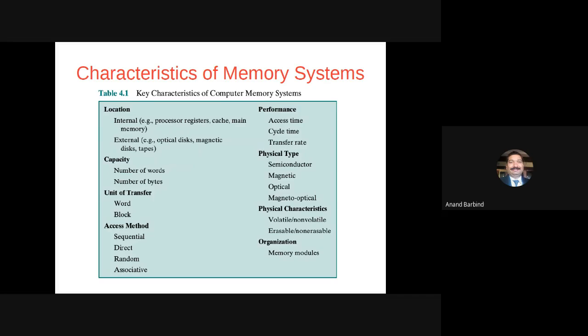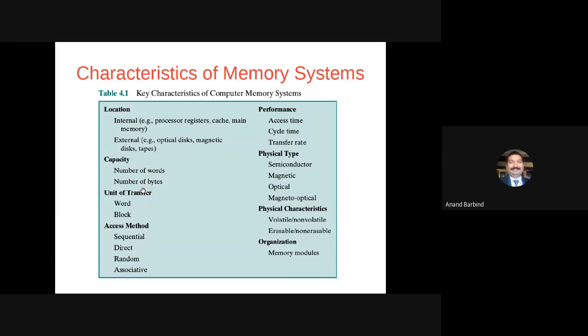Then the next characteristic is the capacity. Okay, so how is the memory organized? Is it organized as words, and what is the size of that memory? How many words? Usually, it is measured in terms of bytes. Usually the registers are a few bytes. The cache memory is a few kilobytes, now a few megabytes.